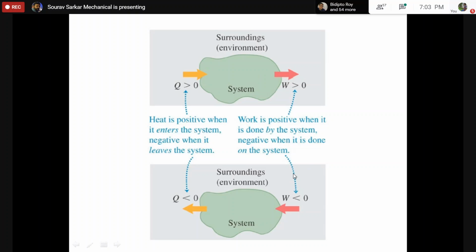If the surrounding does some work on the system, it is negative work. So heat is positive when it enters the system, negative when it leaves the system. And work is positive when it is done by the system, and negative when it is done on the system.